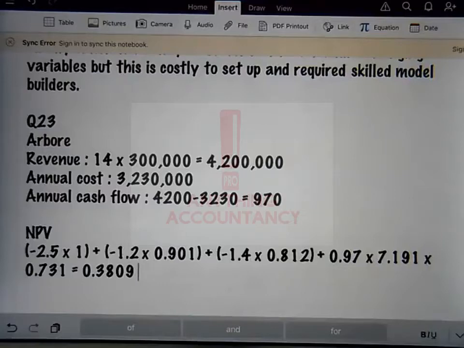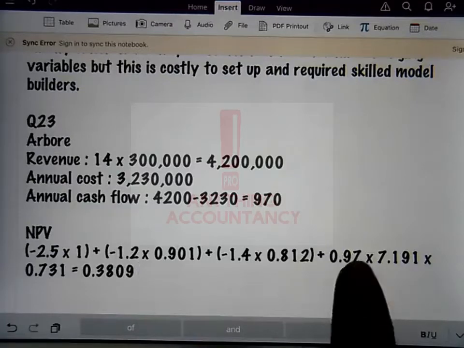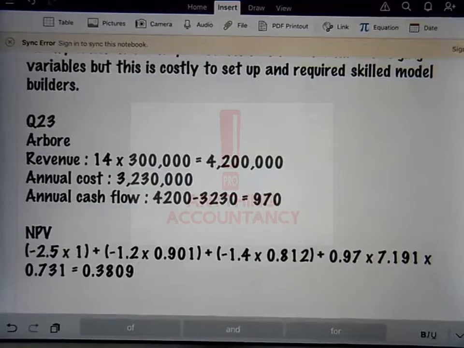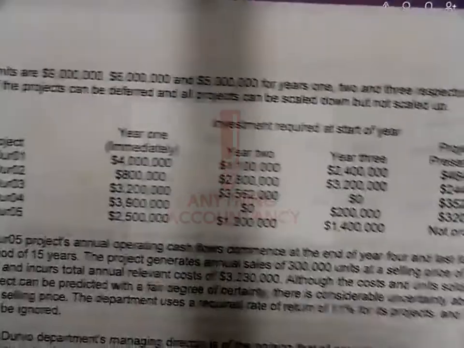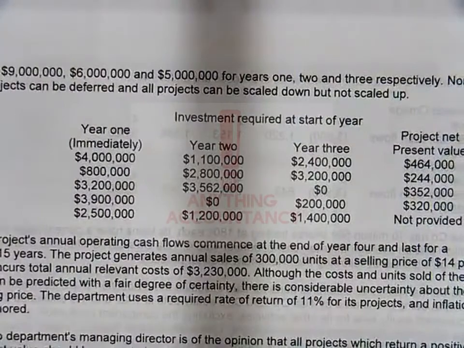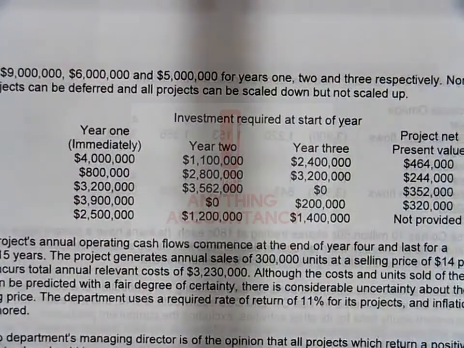Can? Can I cannot? Yes, no? Cannot. No, check, you must know, you must think first. The 0.97 you know where to get, right? This 0.97 comes from here, lah. This was the cash flow from here, from the question. 1, 2, 3. Are you okay?